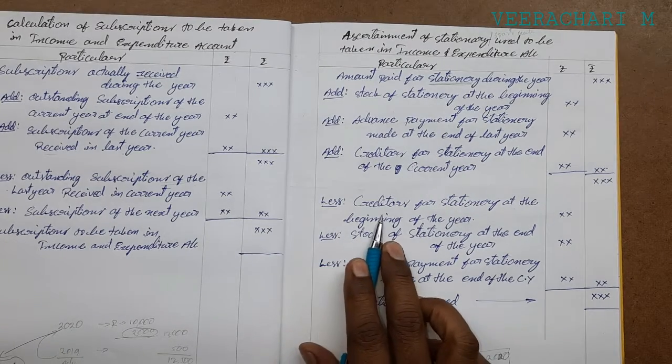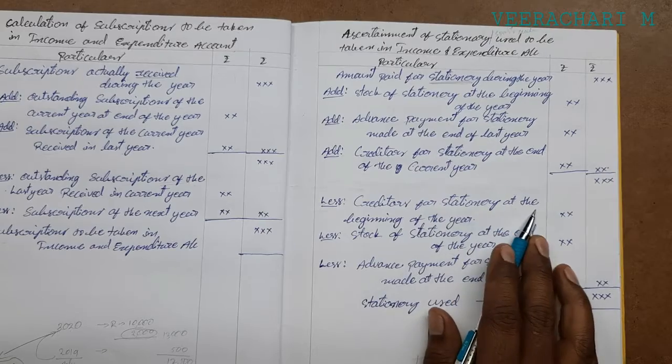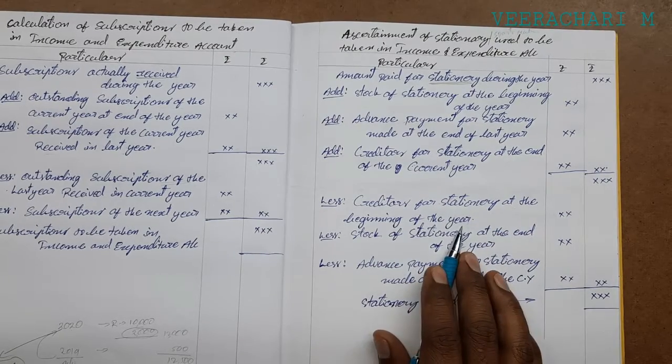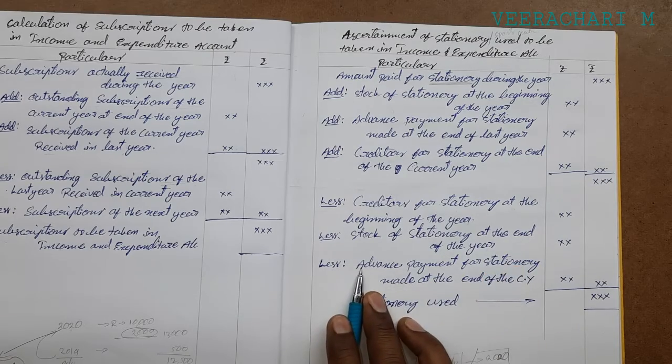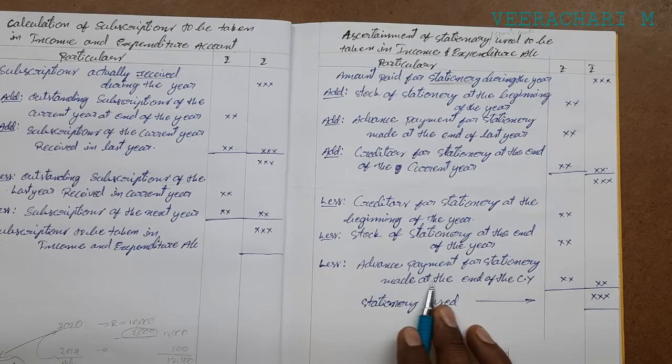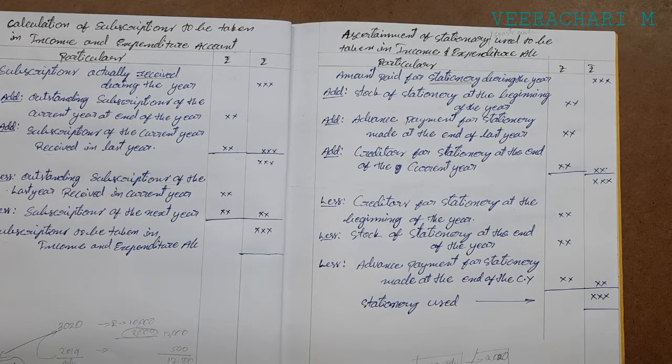Next, the less items: creditors for stationery at the beginning of the year, stock of stationery at the end of the year, and advance payment for stationery made at the end of the current year. These should be deducted.